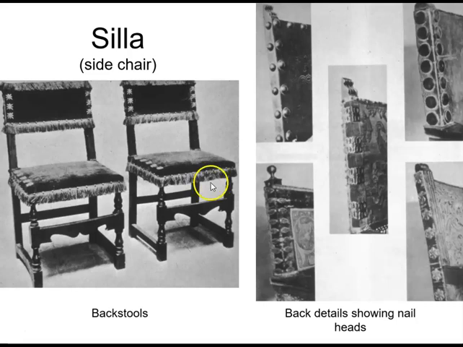Also in Spanish Renaissance, we will see nail heads. Nail heads are used as structural support, but also they can be used to attach a material to the wood support of the chair. So nail heads are another important identifying feature of the Spanish Renaissance.